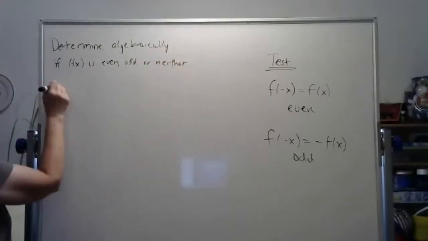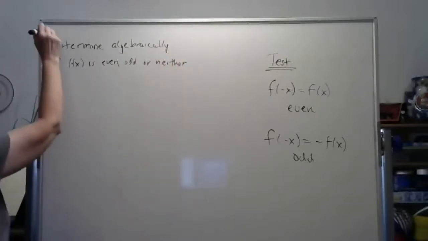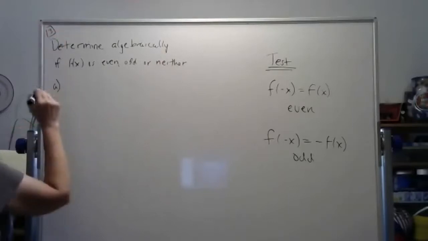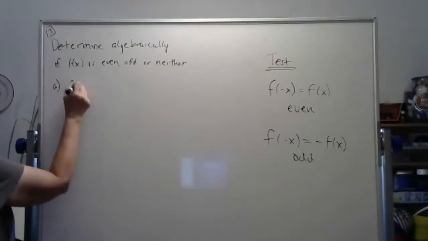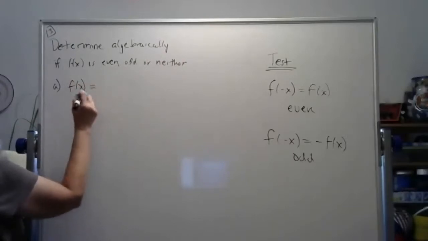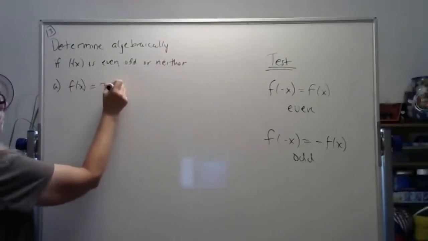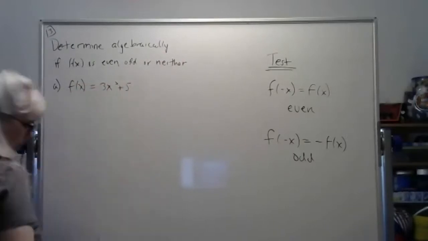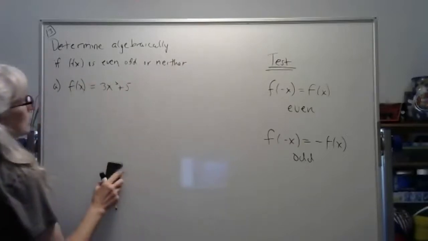Okay, so this is example 3. Part A, we're going to do f of x is equal to 3x cubed plus 5. 3x to the third plus 5.